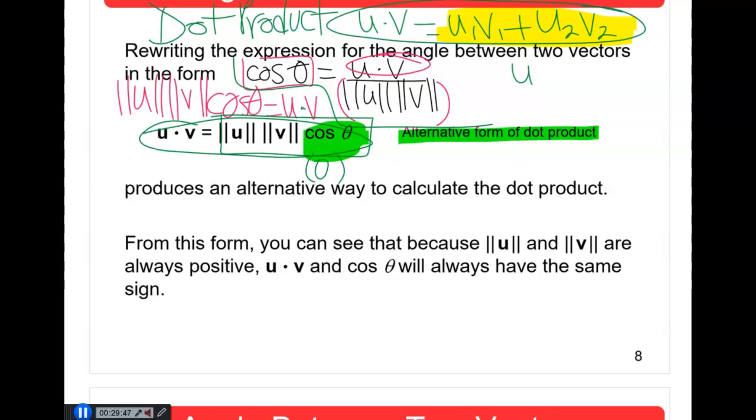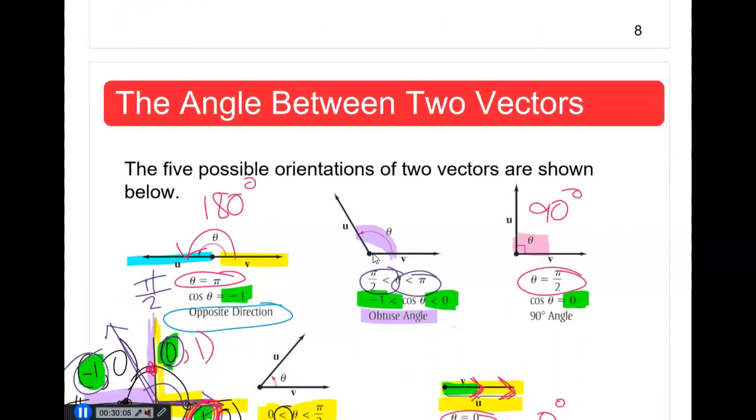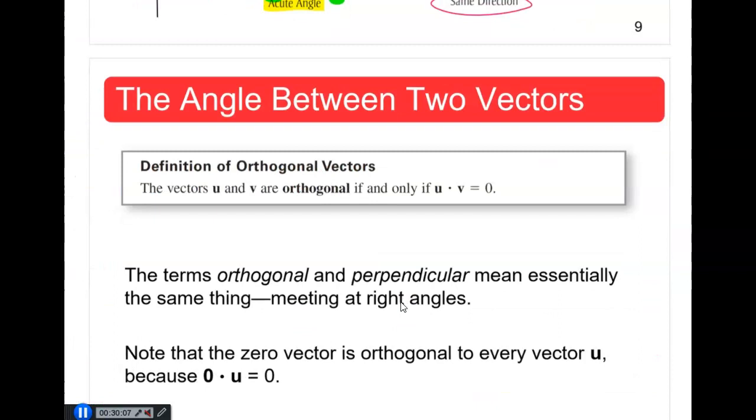So it doesn't really matter what the magnitude of u and v is, any number multiplying by 0 that comes from the cosine of theta will always give us 0. So if the dot product is 0, we can assume right away that the vectors are orthogonal.